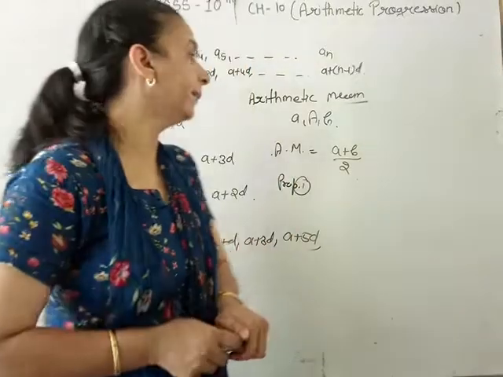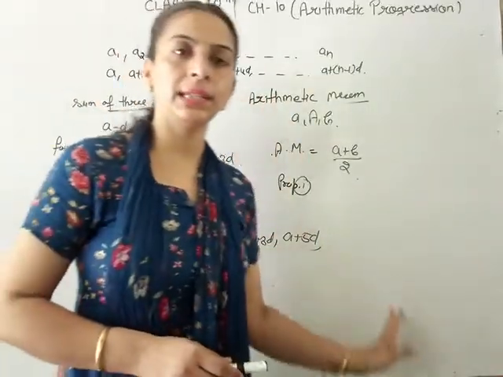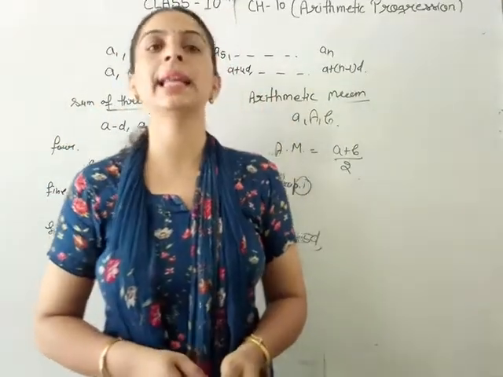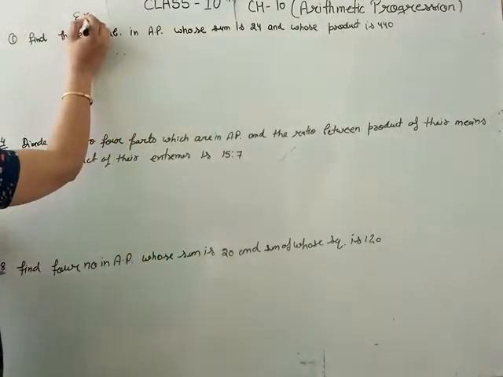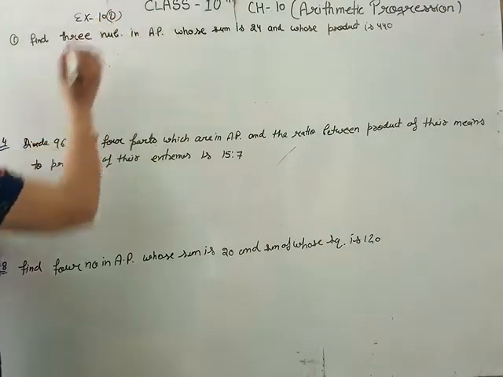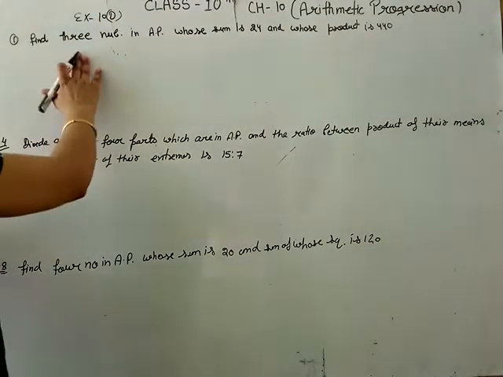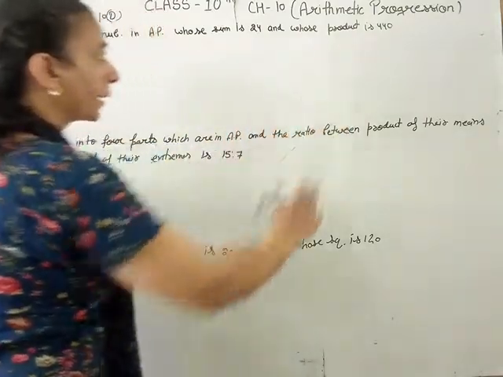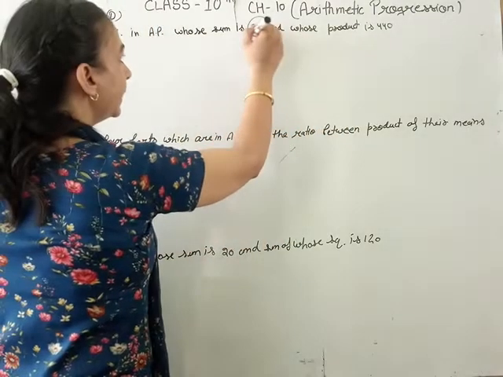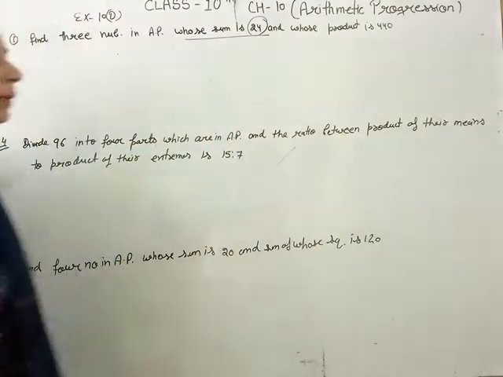Okay, next I will take some questions based on this result of exercise 10D. Question number first. Find three numbers in AP whose sum is 24 and whose product is 440. Student, the given sum is 24.